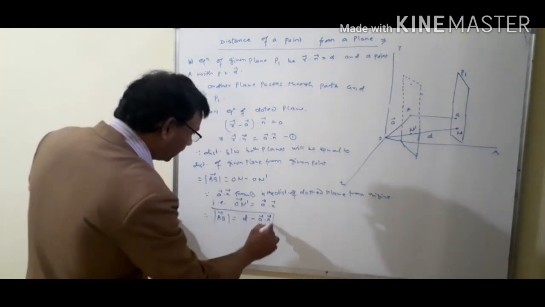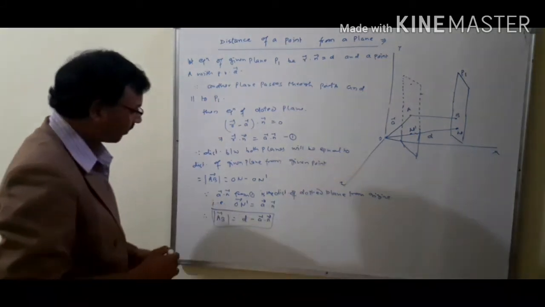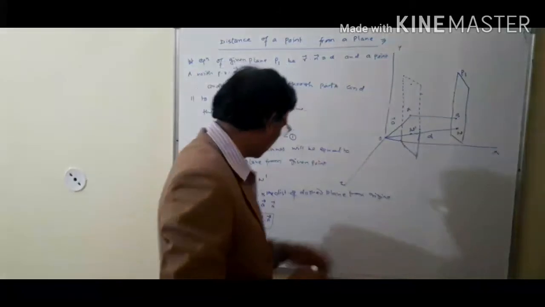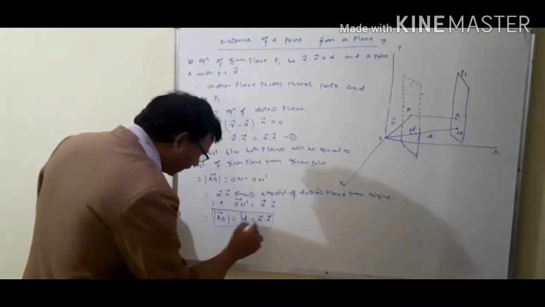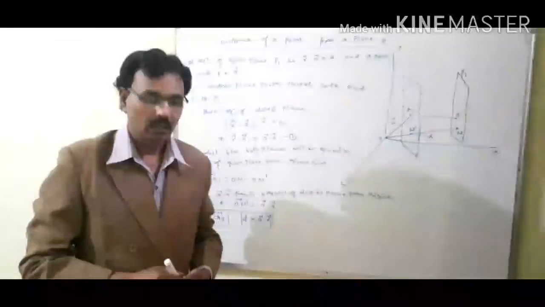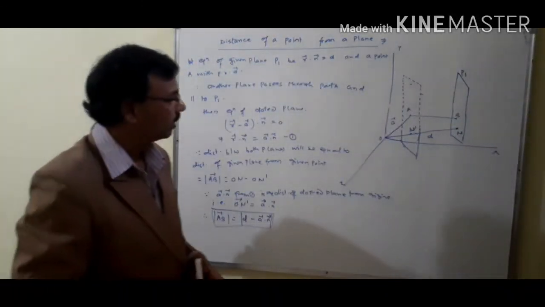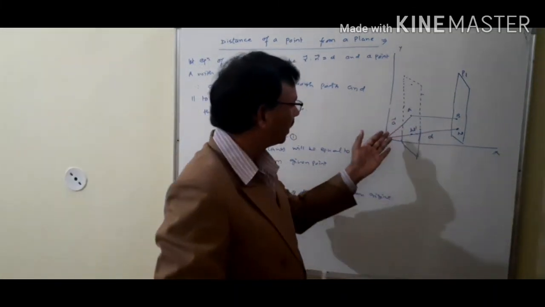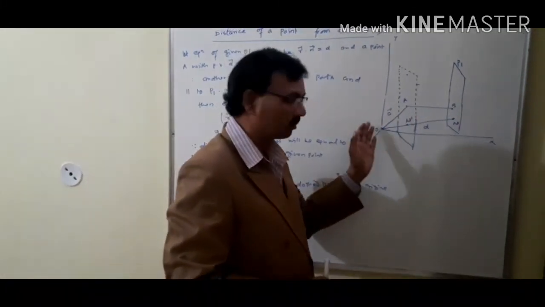So this will be the distance between the given plane and the given point, and this will be in magnitude because distance is never negative. Now in the next video we will discuss how to find the distance of a plane from the origin.